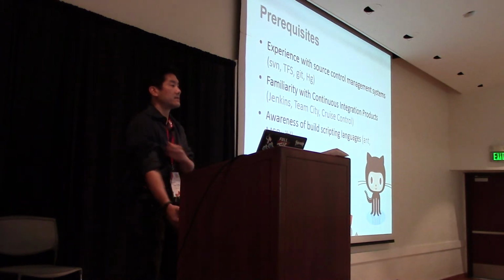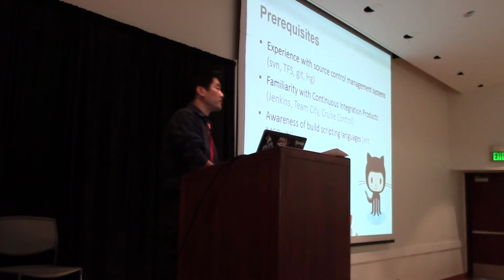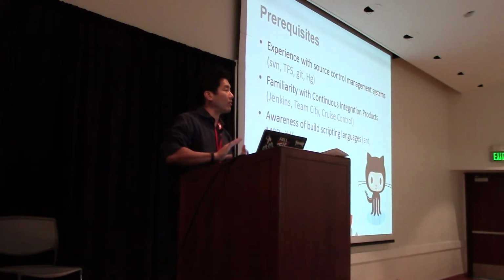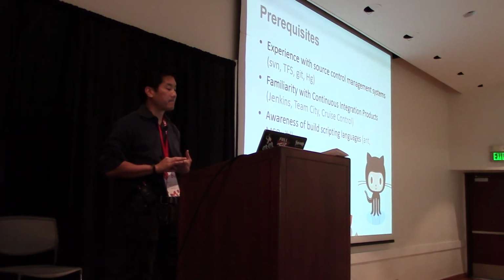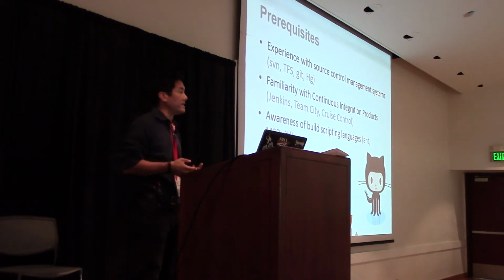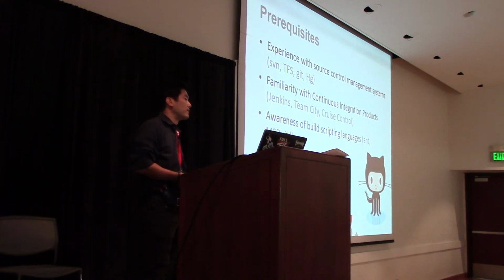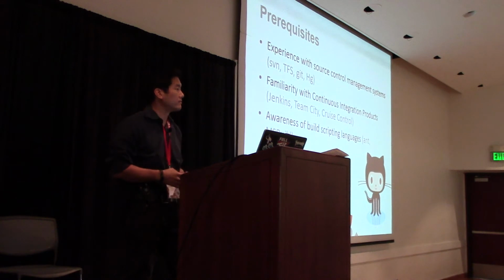So whether that's running some pre-build script or a post-build script that we're archiving your artifacts, etc. And the last thing you need to know is some kind of scripting language. For this demonstration, I'm going to be using MS Build, but you can use PowerShell or Ant or whatever you want.